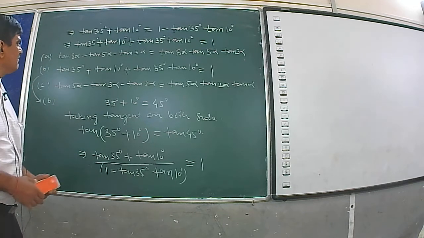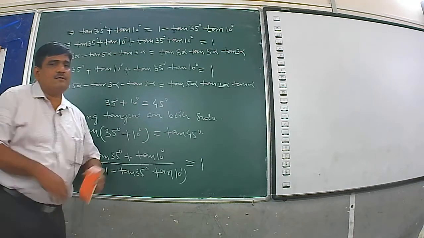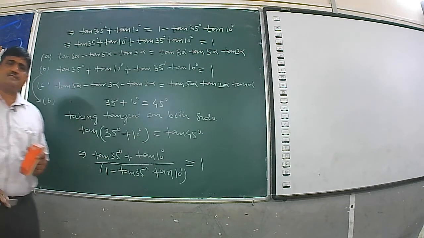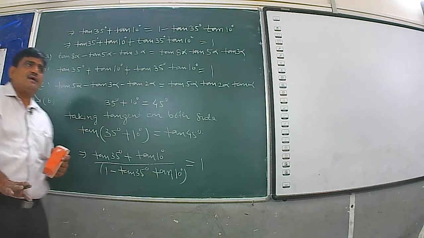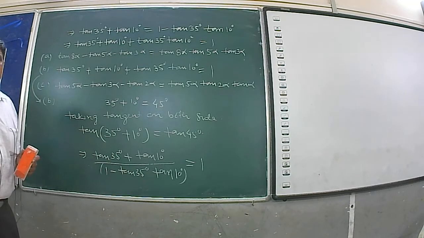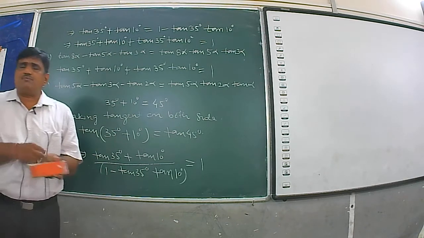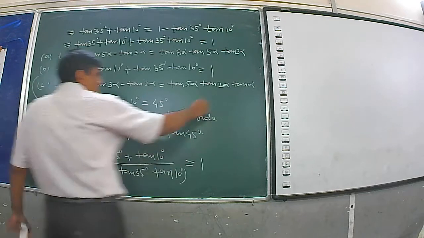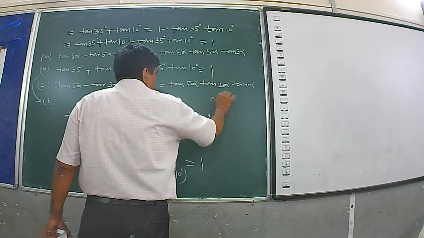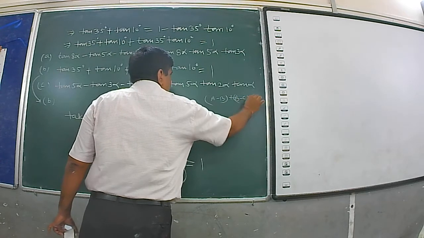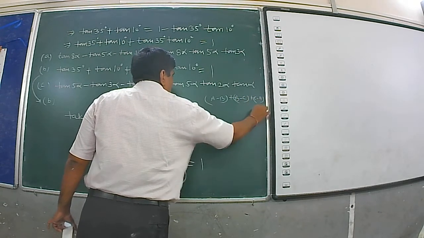Same condition: tan(A minus B) plus tan(B minus C) plus tan(C minus A) is equal to tan(A minus B) into tan(B minus C) into tan(C minus A). In this type of question, we make the relation (A minus B) plus (B minus C) plus (C minus A), and this is equal to 0.